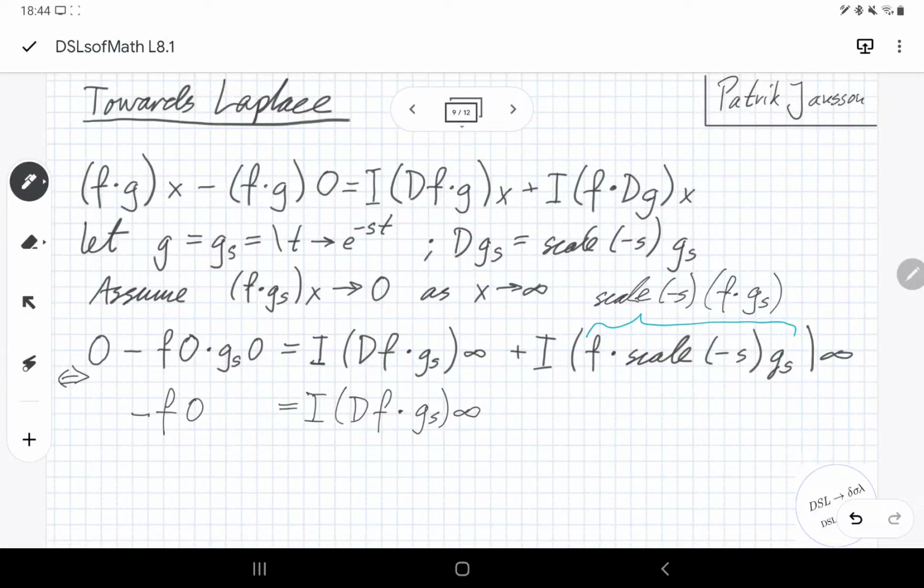And not only that, the integral is linear. So if I do a scaling inside the integral sign, I can also move it out. And moving it out here means that instead of plus I will get minus s times the integral, and then what's left inside is just f times gs at infinity.